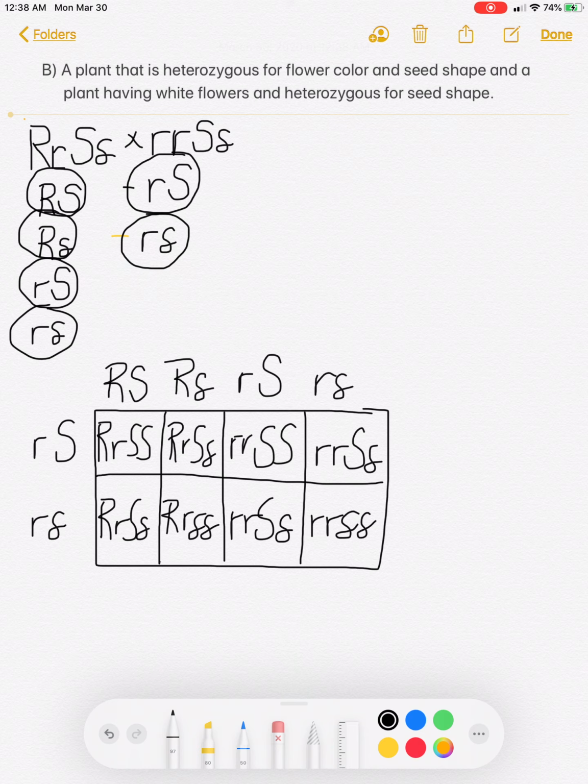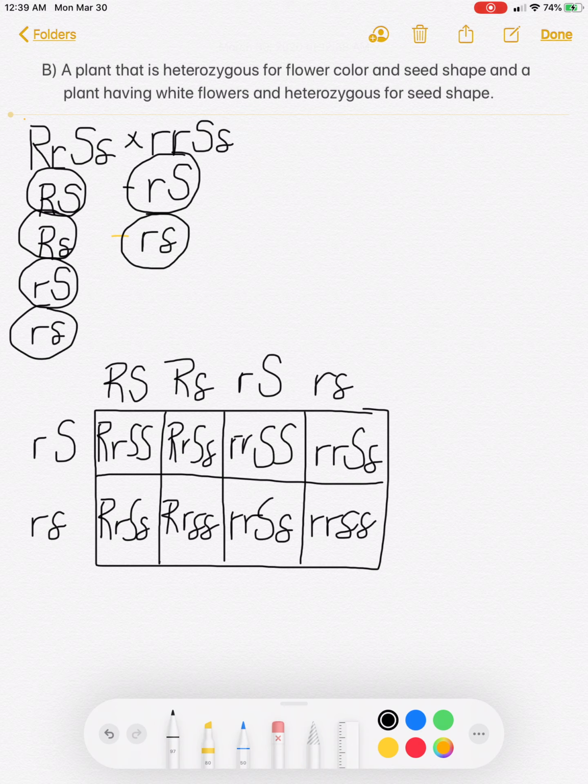Okay, now, as we did before, there's not as many to count, but considering the genotypes that we have, being red and smooth, red and wrinkled, white and smooth, and white and wrinkled, we can go in and count those up again if we wanted to do that.